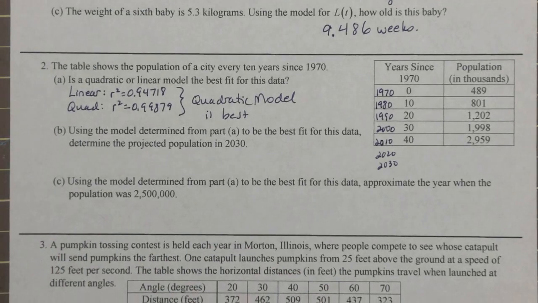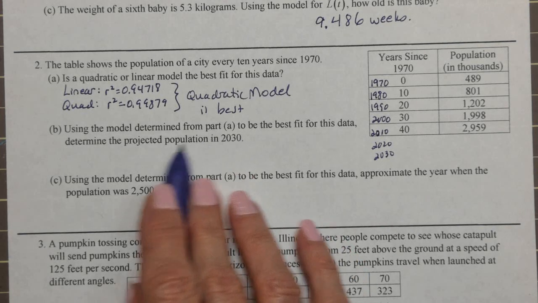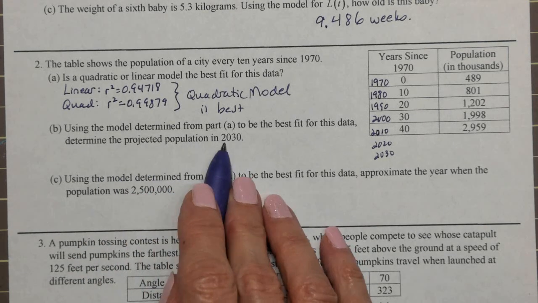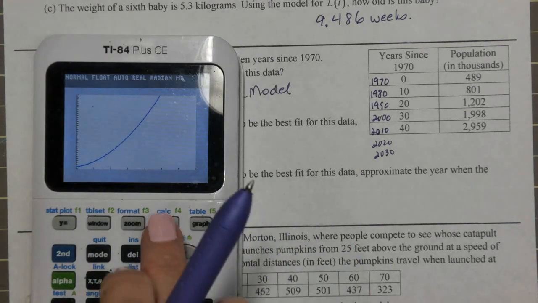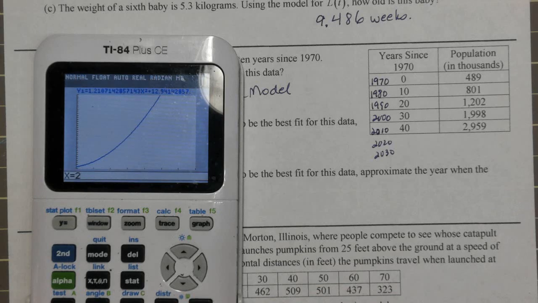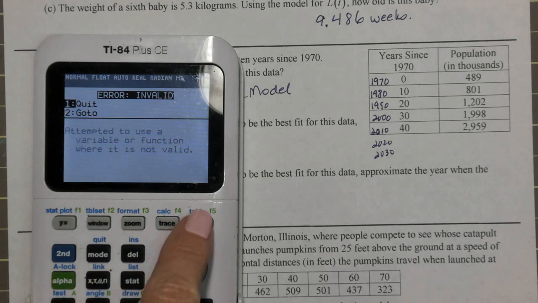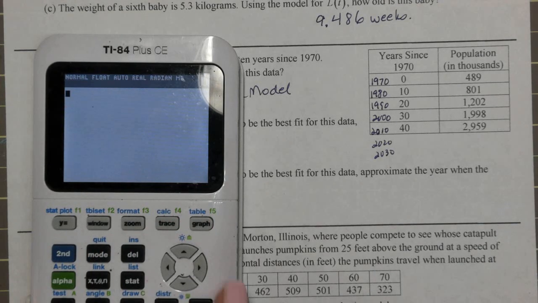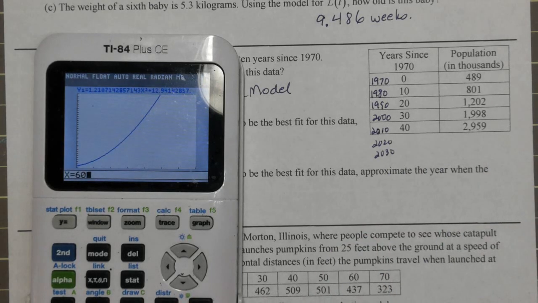All right. Using the model determined from part A to be the best fit for this data, determine the projected population in 2030. So two ways to do it. Trace to 2030. Okay. Oh, I know what I did. Okay, go back to your graph. I traced to 2030. I want to trace to 60. It won't trace off your graph.